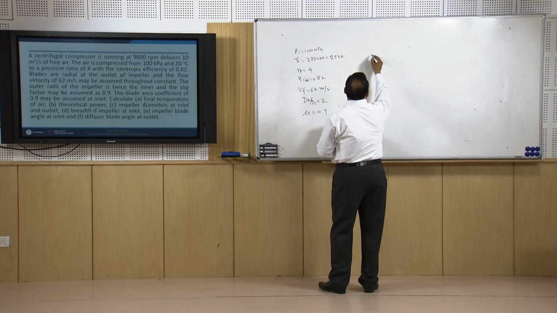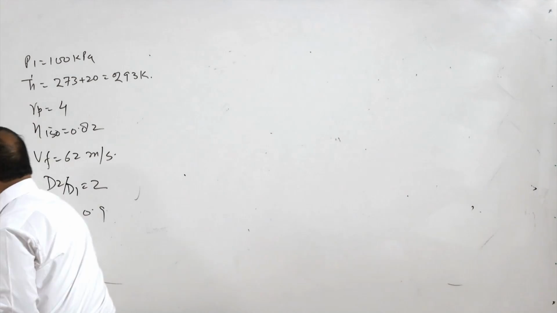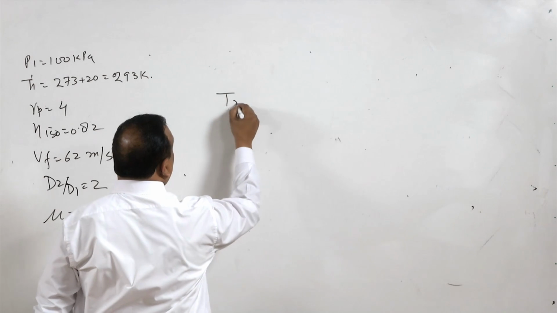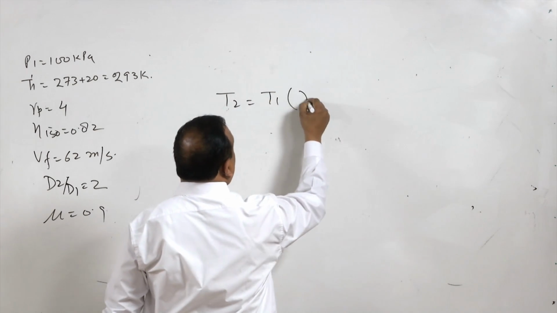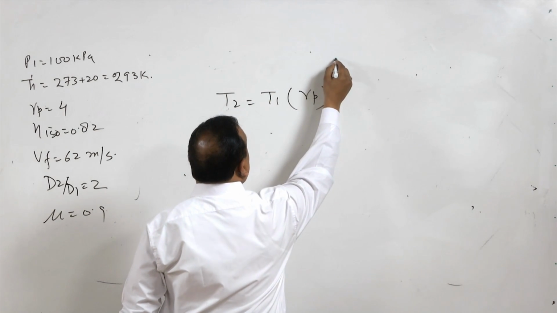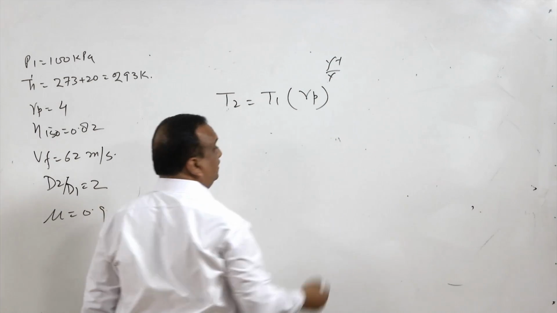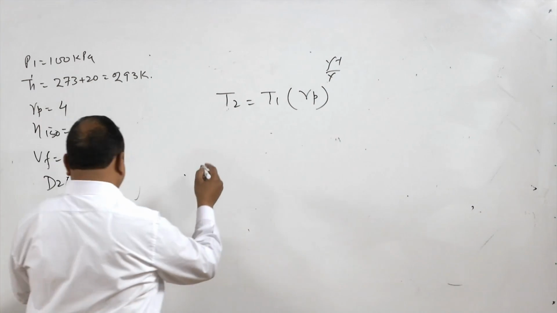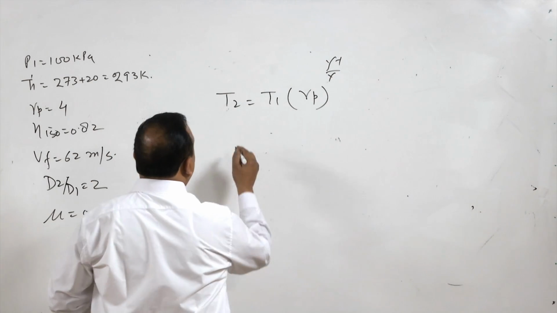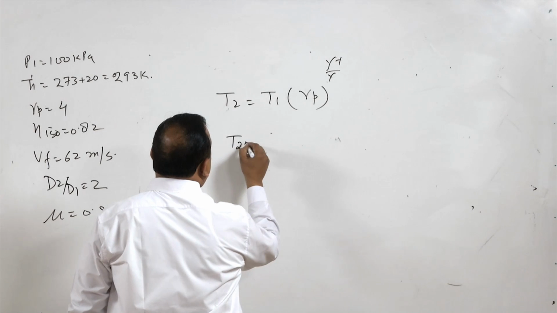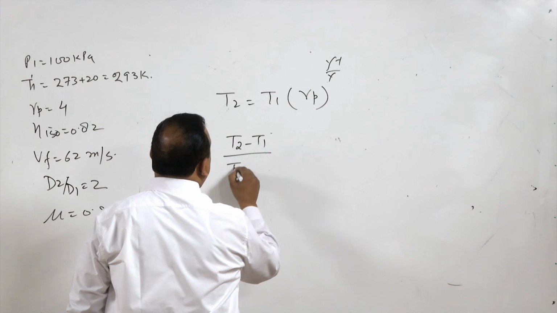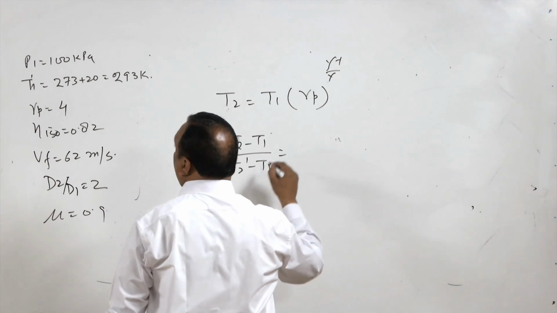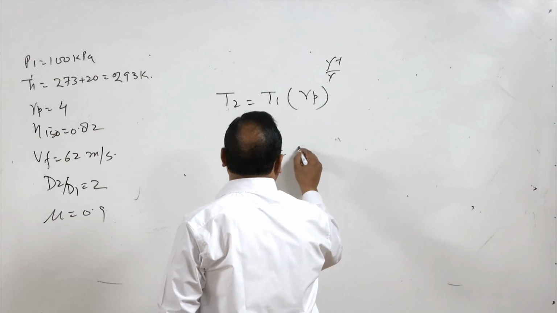So, first of all T2, as we did earlier, T2 is equal to T1 times the pressure ratio raised to the power gamma minus 1 over gamma, and (T2 minus T1) divided by (T2 dash minus T1) is equal to the efficiency, 0.82.